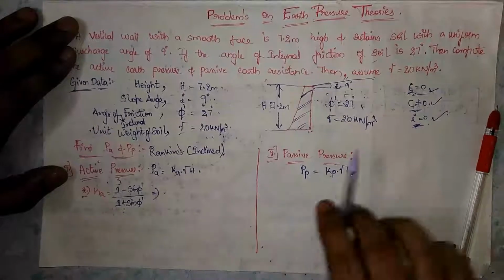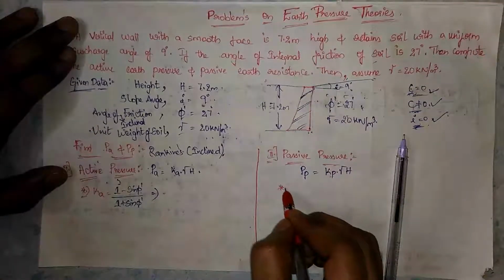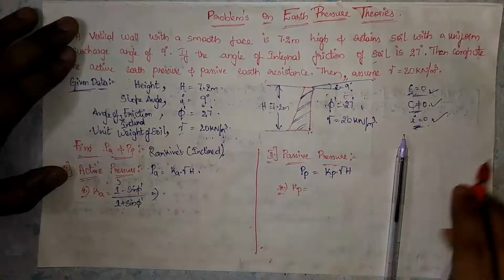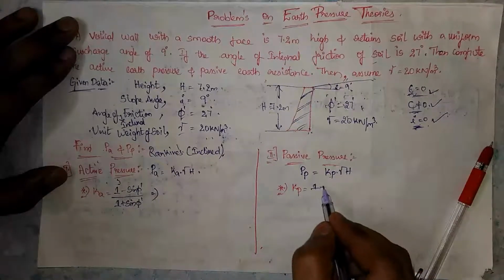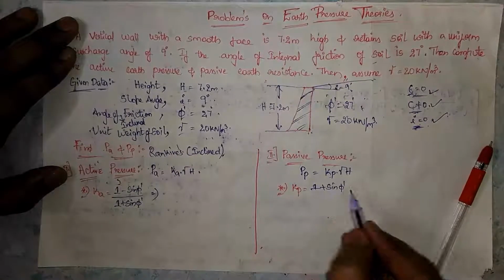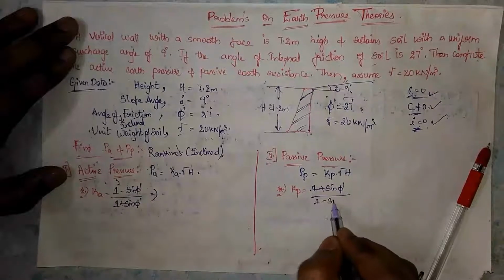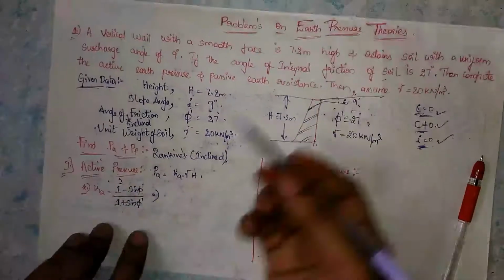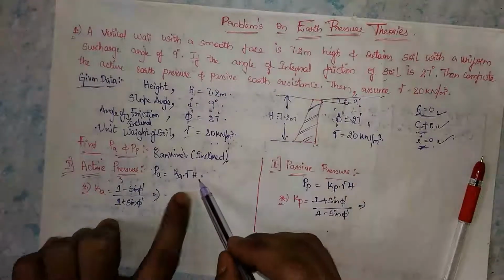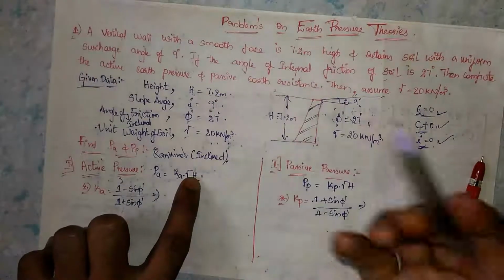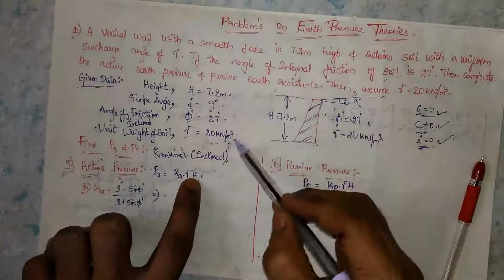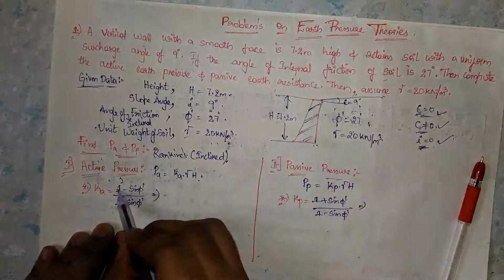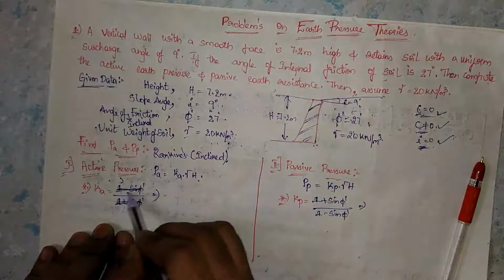Next, Kp equals (1 plus sin phi dash) by (1 minus sin phi dash). Okay, then see here in this given parameter, check the parameters. H has been given, next, sorry, the formula is not this one.